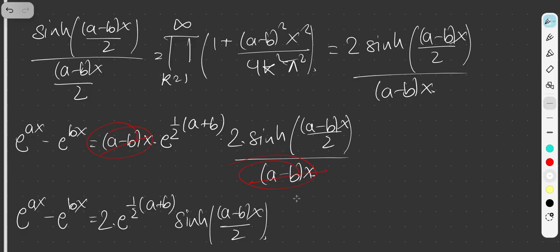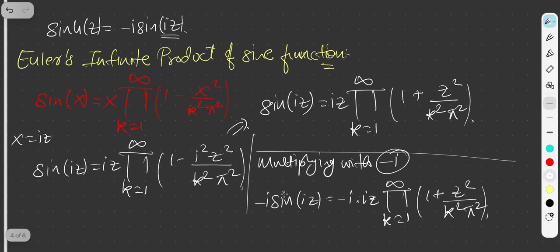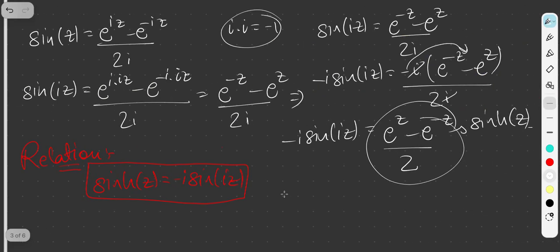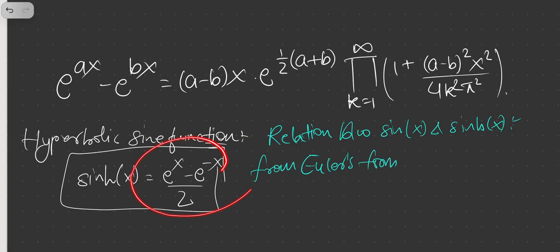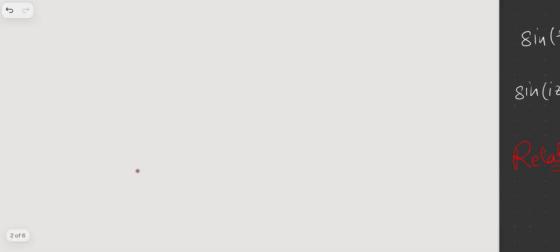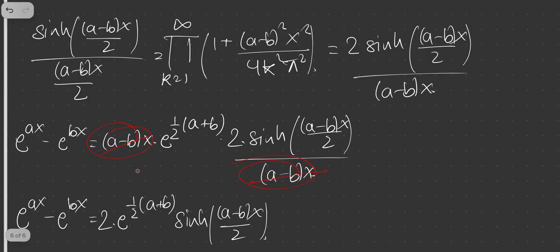And now, guys, do you remember the relation between hyperbolic sine and the exponentials that we discussed on the very first page, this relation? That's what we're going to use.